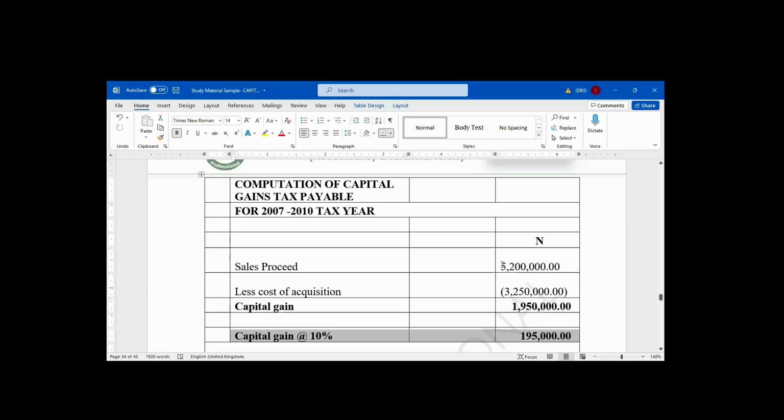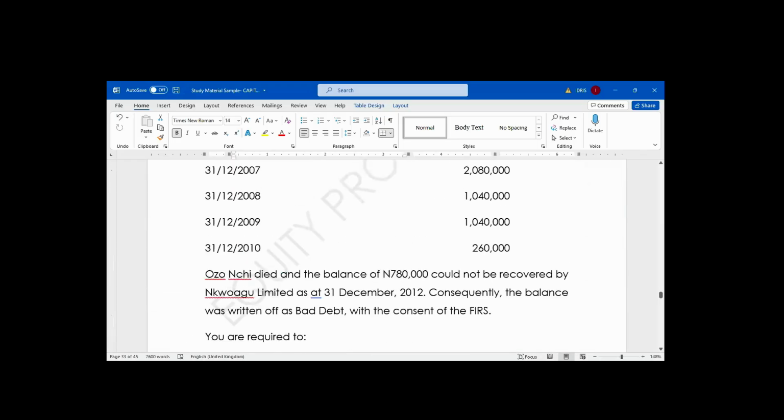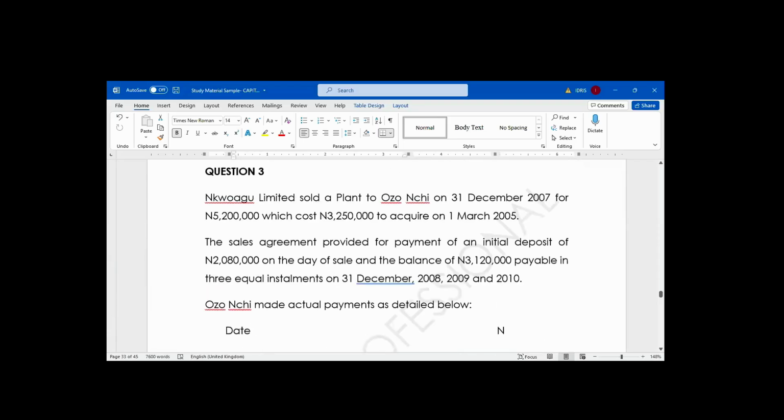He didn't pay at once. He paid it on what? On installment. Look at his payment plan, how he wants to pay the 5.2 million. He will first pay how much as initial deposit?